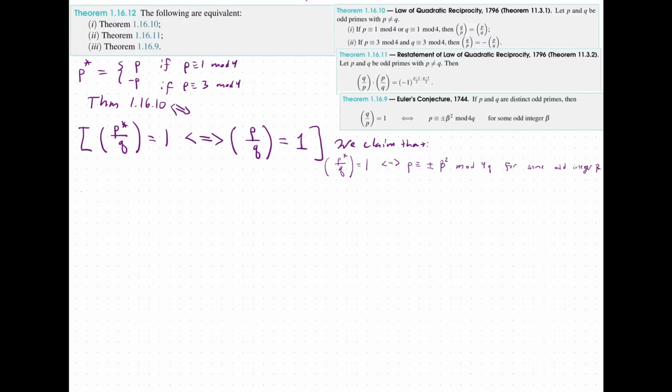So let's go ahead and assume that P star on Q is equal to 1.